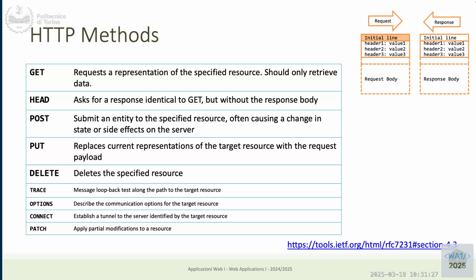We are in a way reinterpreting the meaning of the HTTP methods, where we are not using them for loading HTML pages anymore, but for exchanging data or commands, or calling remote procedures. That's why we will define so-called APIs based on the HTTP protocol.